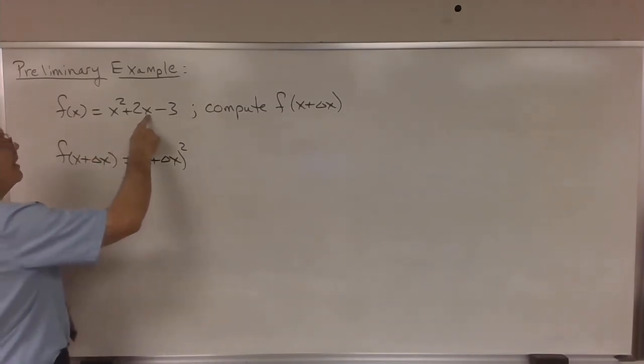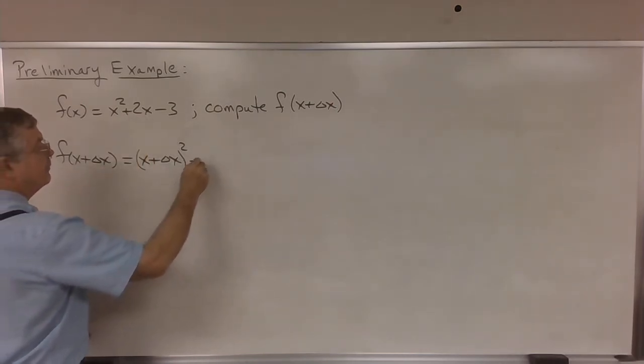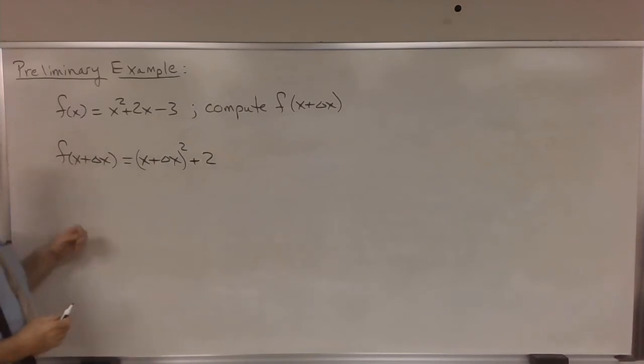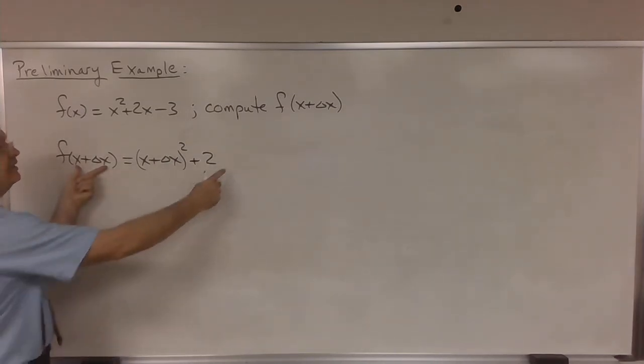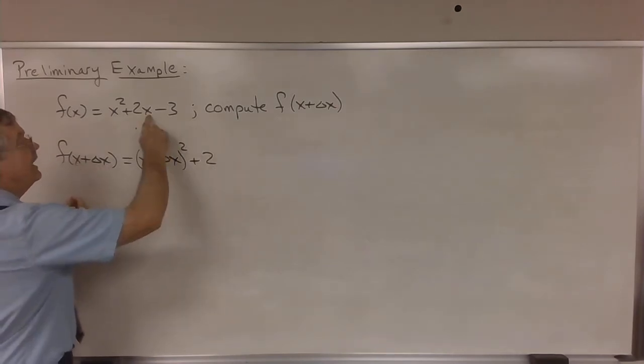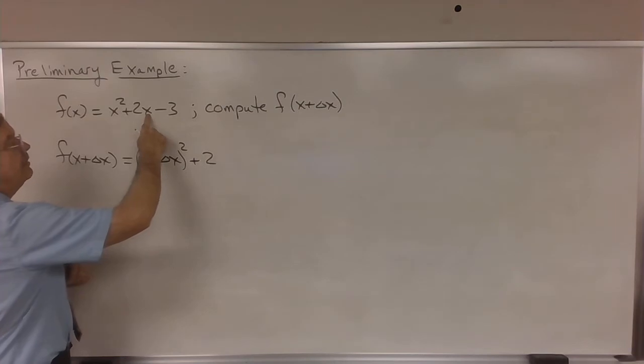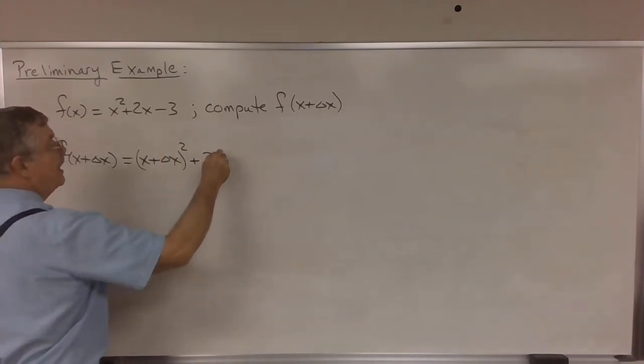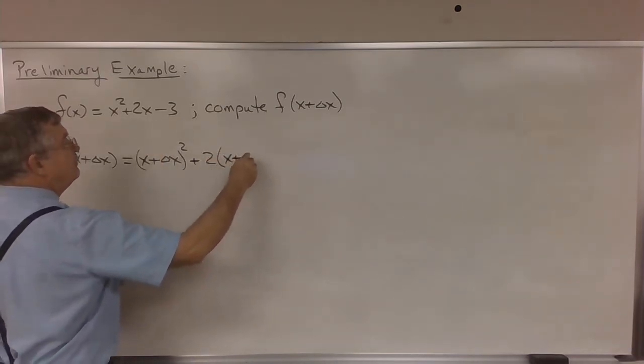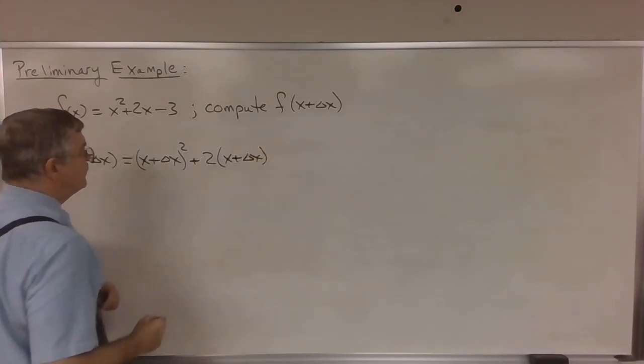Also up here in our model, we have plus 2x. So I'm going to let x plus delta x play the role down here that x plays up here in my model. So where I see an x up here in my model, I will put x plus delta x down here.